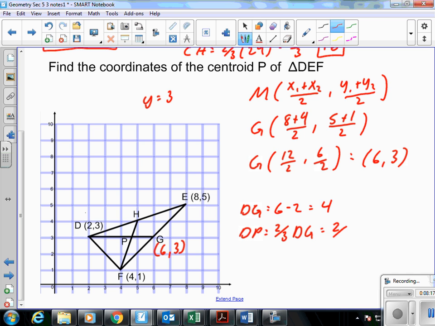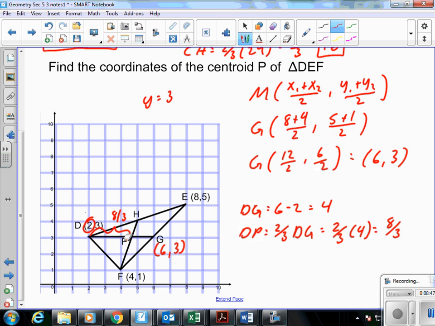So we're looking at 2/3 of 4, which is a length of 8/3. So our distance from D to P is 8/3. We're trying to find the coordinates of P, so that 8/3 is in addition to what the x coordinate was of D, which is 2.